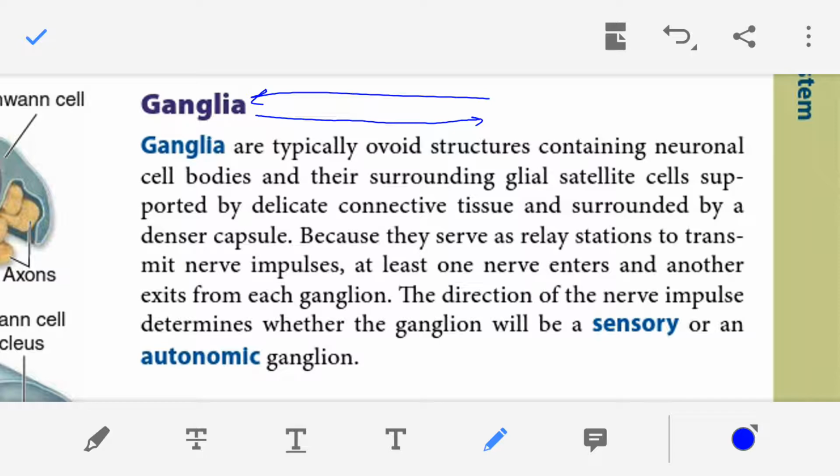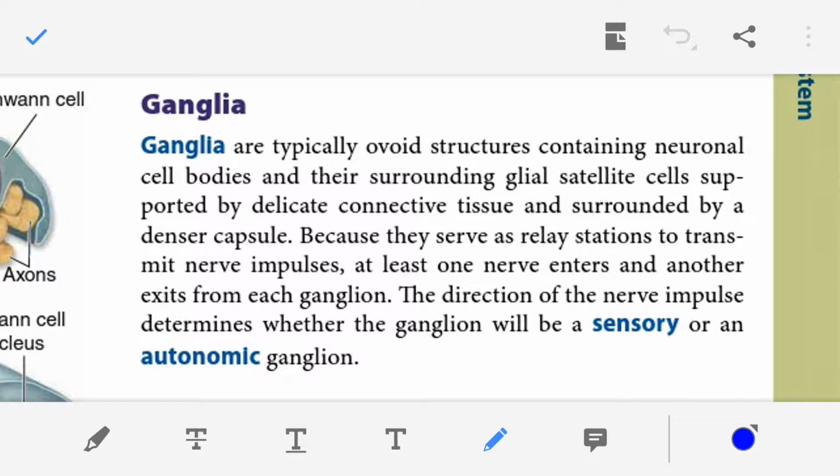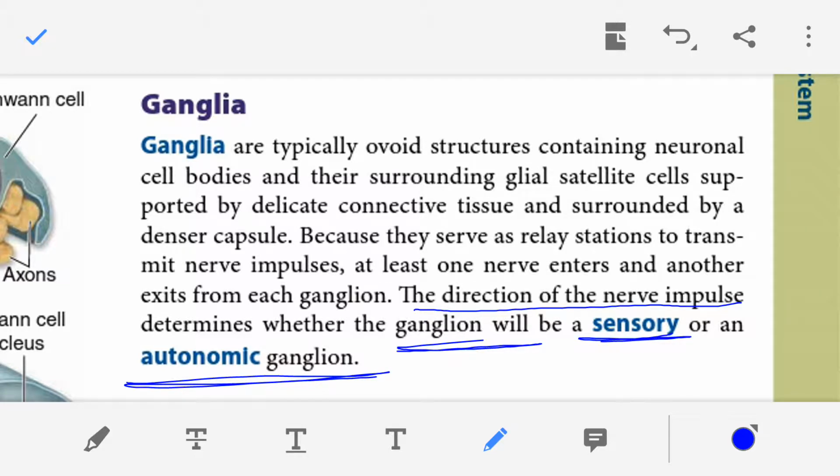One nerve emerges out from each ganglion, and depending upon the direction in which the nerve impulse is propagating, the ganglia are classified into sensory ganglia or autonomic ganglia.